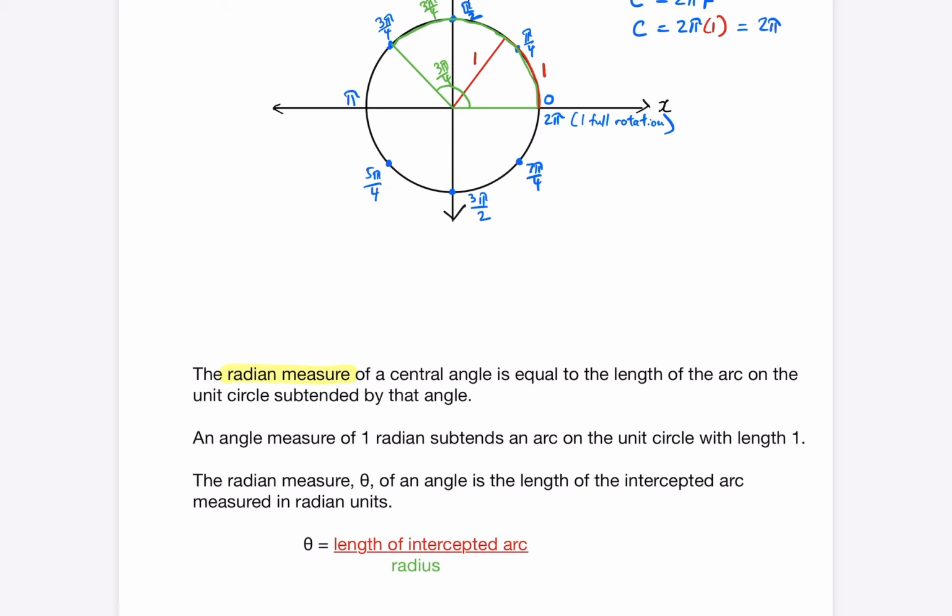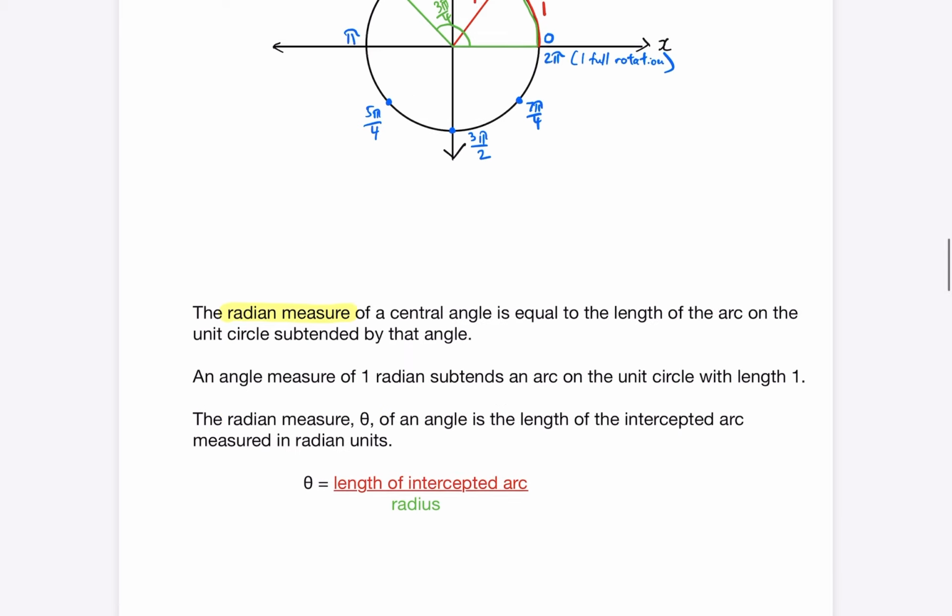And this is why when we are looking at 3/4 pi, this angle we know is 3/4 pi. The length of the arc is also the same. And the reason it's the same is because we're dividing by the radius of 1. Okay? So hopefully that was clear.